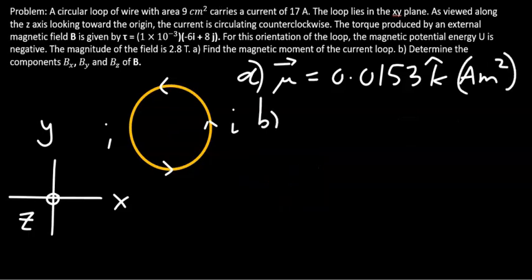Now let's do part B. Before we do part B, let's note an information that is given to us. Now we are told that the magnetic potential energy U is negative.